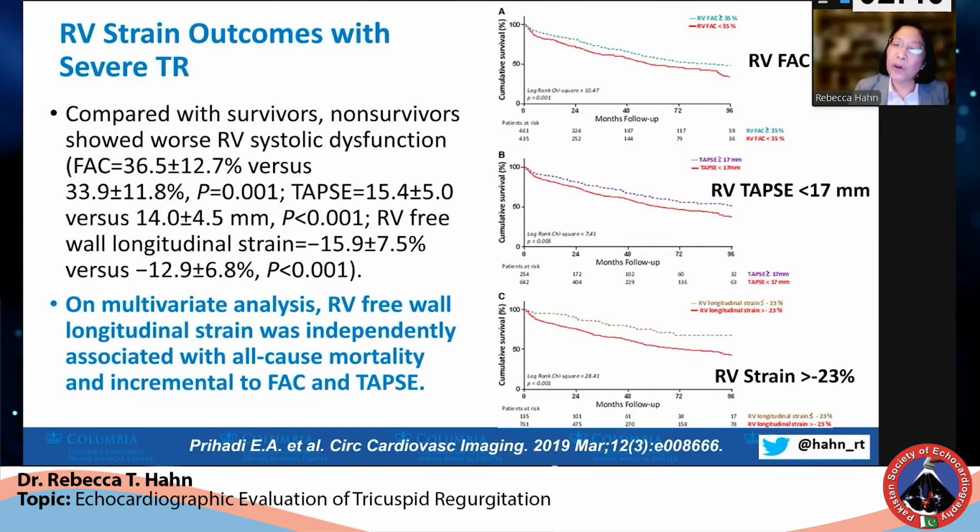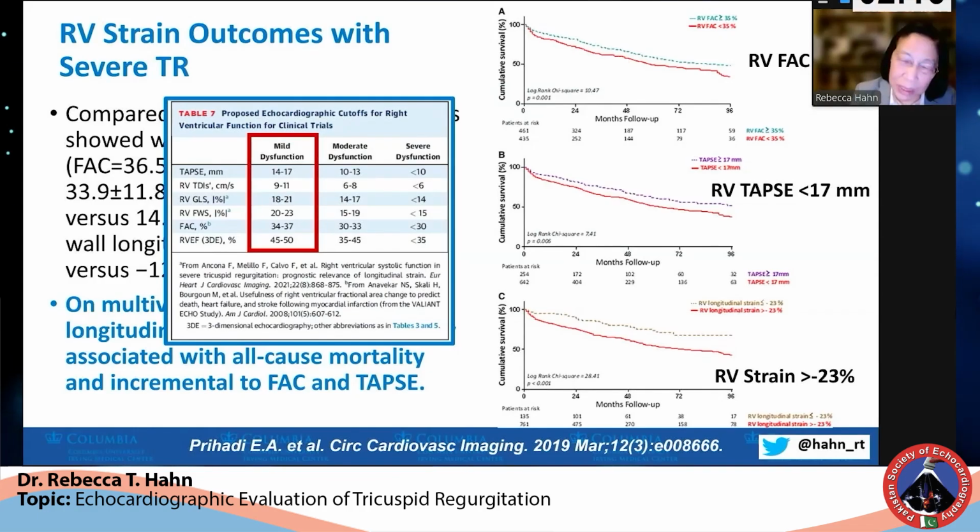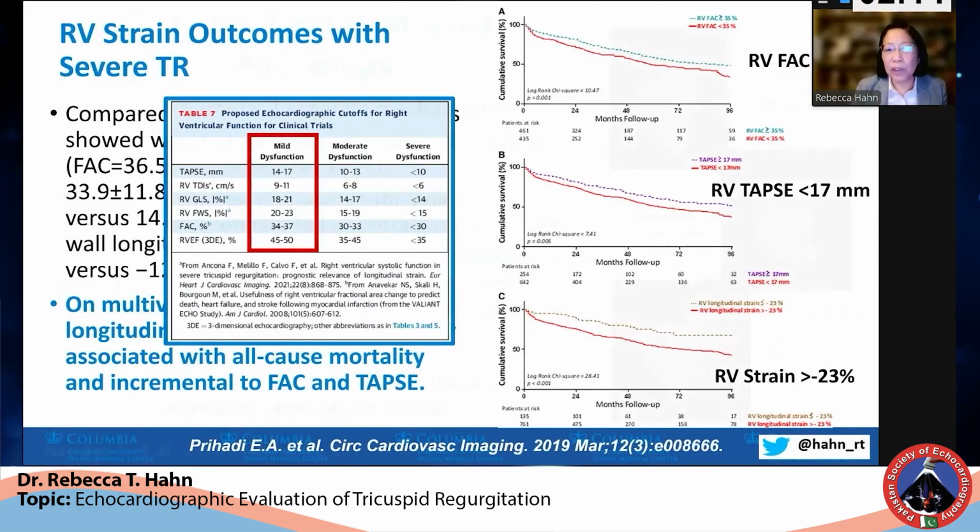Remember that almost all of these simple measures that we do every day, fractional area change, TAPSE, and of course RV strain, will determine outcomes for tricuspid regurgitation. And again, defining cutoffs for mild, moderate, and severe, and these are all definitions of any disease, even mild dysfunction, may help us determine outcomes.